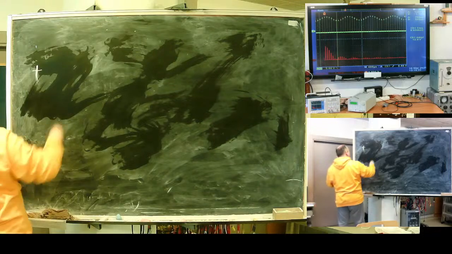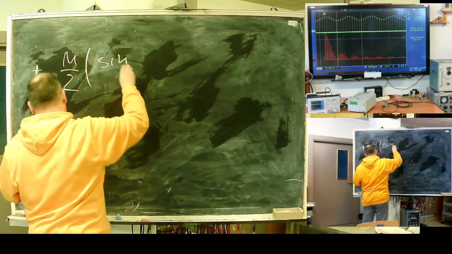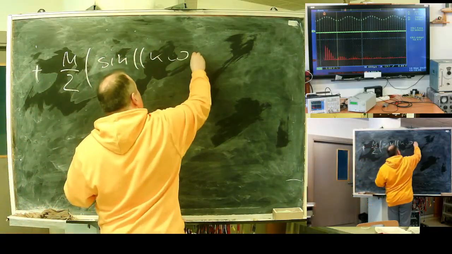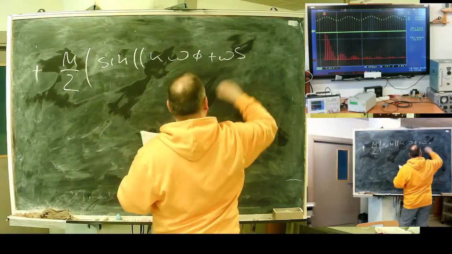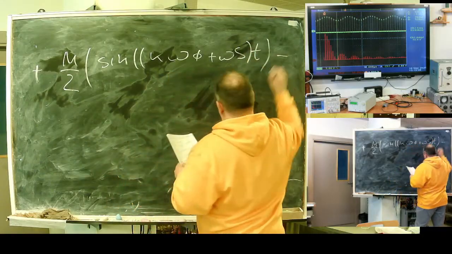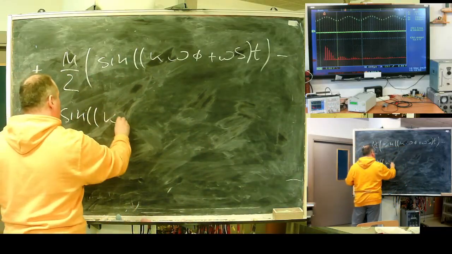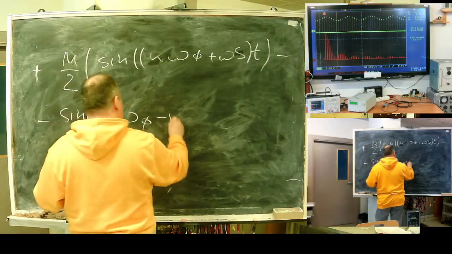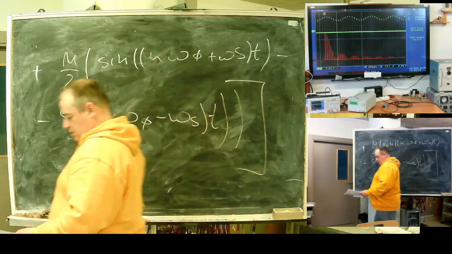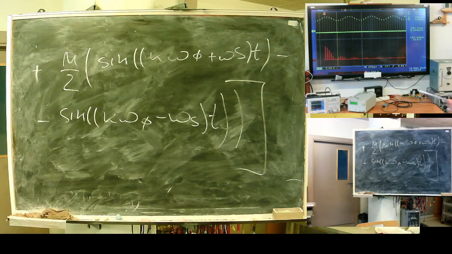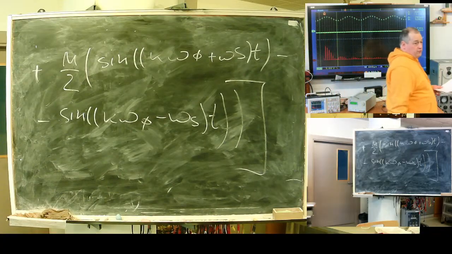Plus modulation depth divided by half sine omega 0 plus omega s time minus omega 0 minus omega s time. A tiny formula. It's a tiny formula.